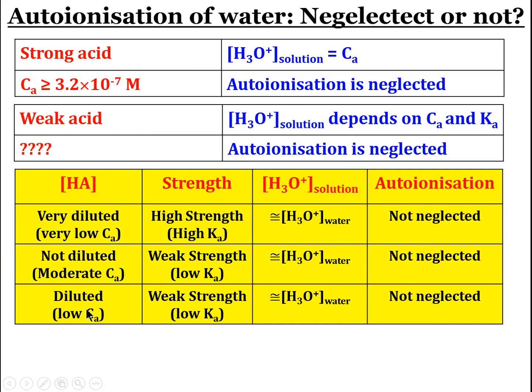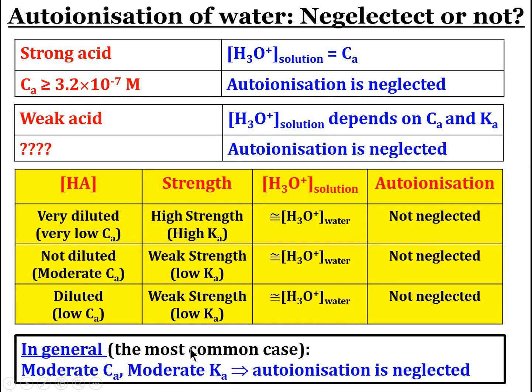If the acid is diluted, so of low value Ca, and this acid is of weak strength, so of low Ka, the concentration of H3O+ released from the dissociation of the weak acid is close to H3O+ from water, and although the autoionization of water could not be neglected.